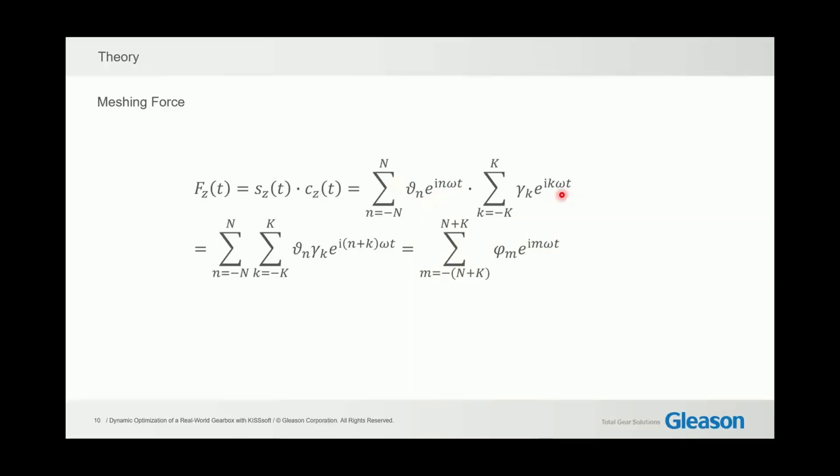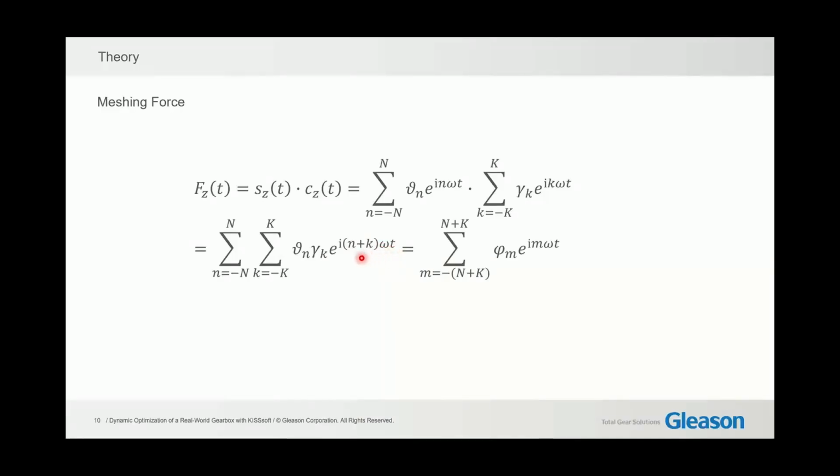using a Fourier sum. If we apply these two sums, we can do this using the fact that if we multiply two exponential functions, we simply add the exponents. So we have now under this double sum, this delta n times gamma k, the two Fourier coefficients, and we have the function e to the power of i (n plus k) omega t.